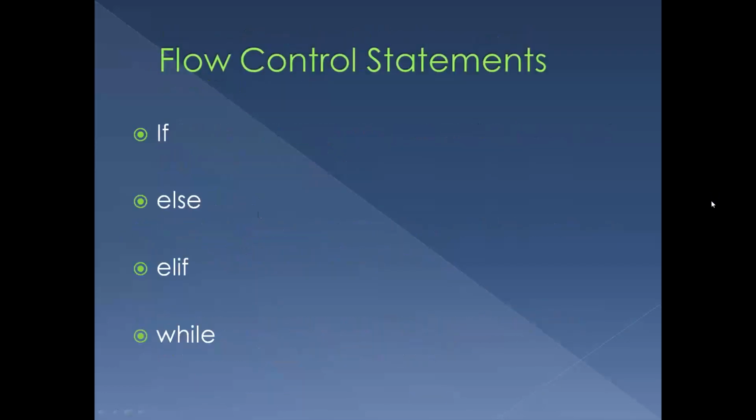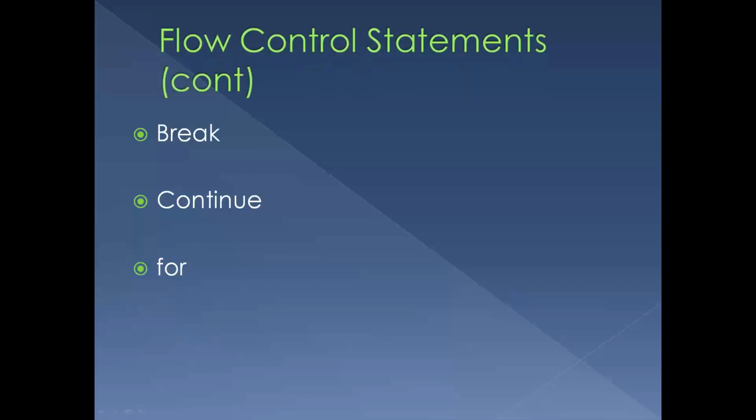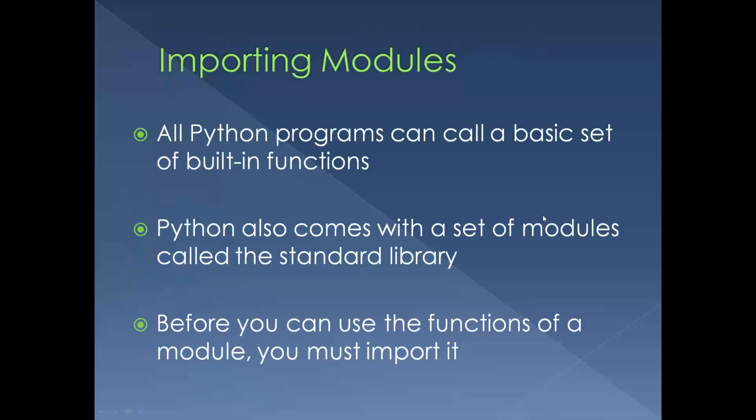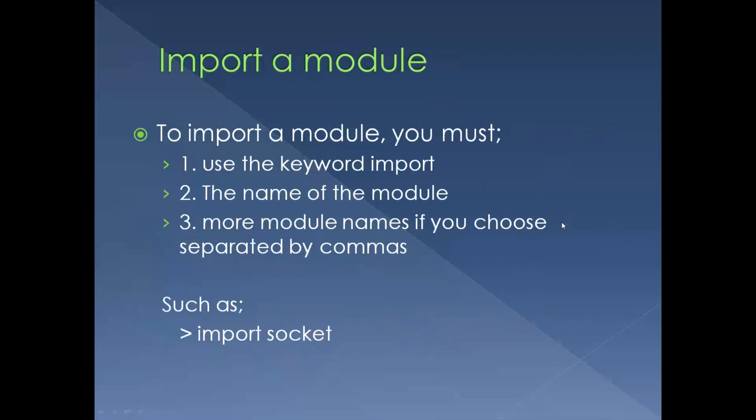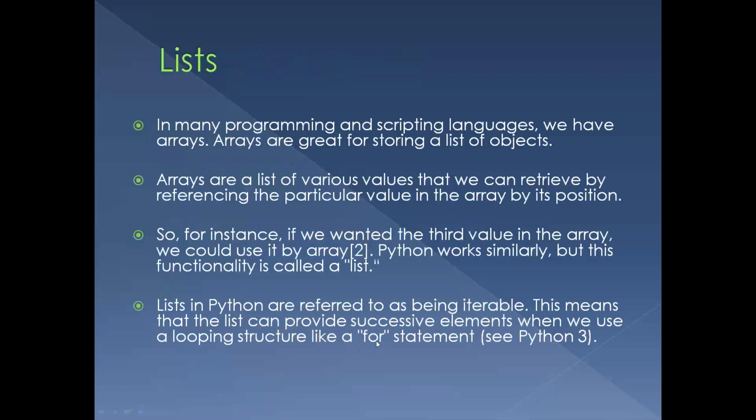Some of the flow control we looked at is if then, if else, elif, while. I want to do a little bit with while today. We did a for loop. We'll be using break today. Importing modules, we'll be doing that as well today. We'll be looking at importing sockets.